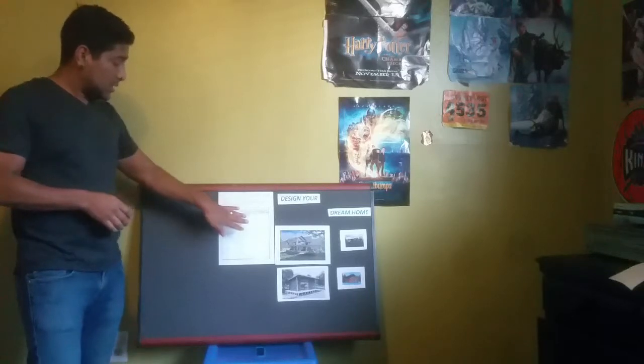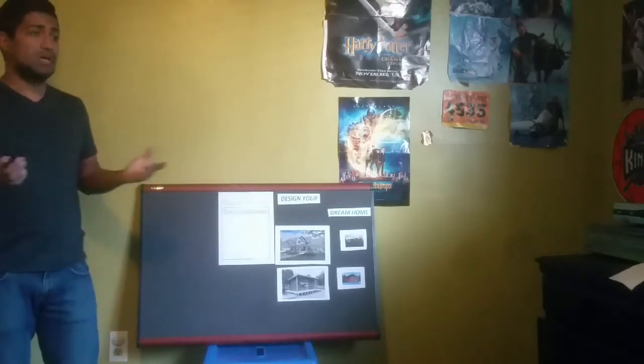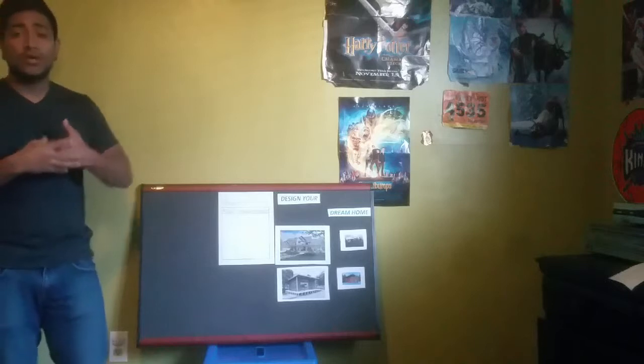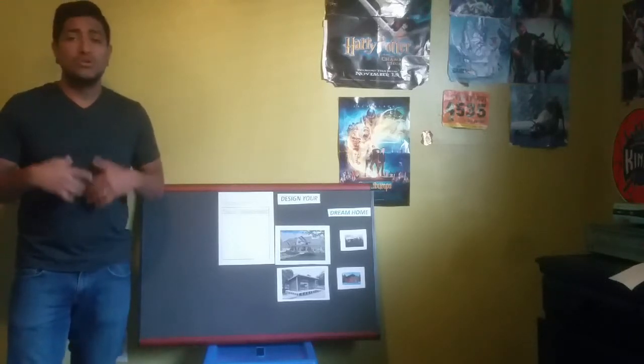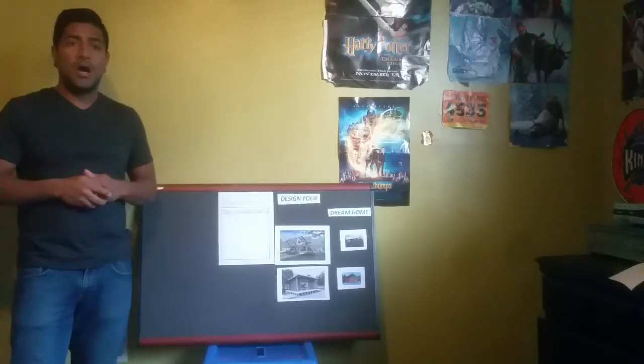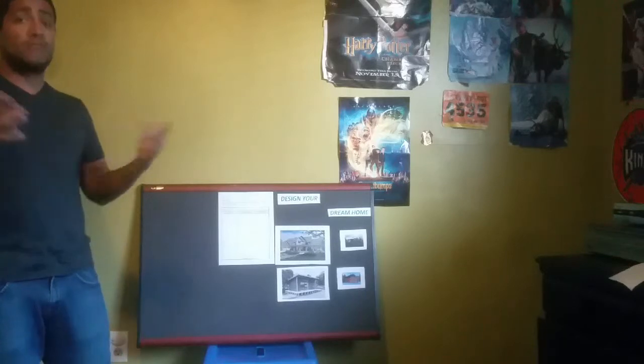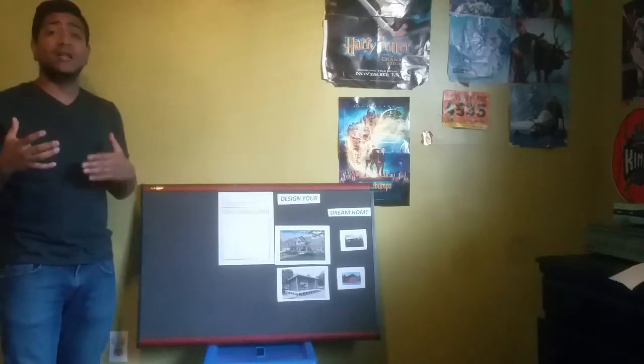Now, in the second column of the chart, I want you to write down the things that you want to learn or that you want to know. So, for me, let's say what I want to know is how do you get the volume of a house, the square footage of a house, or what kind of material is better to build a house?